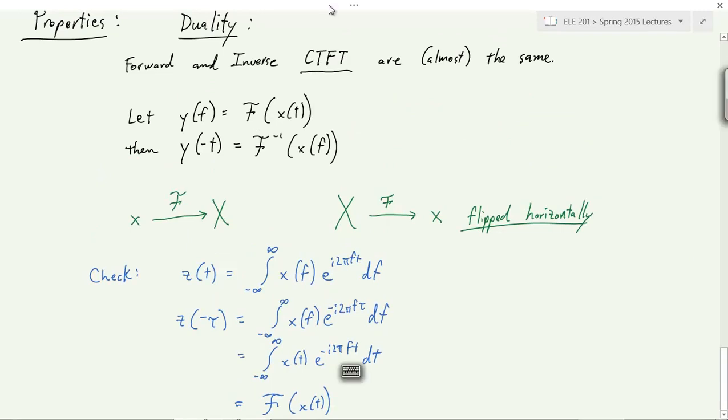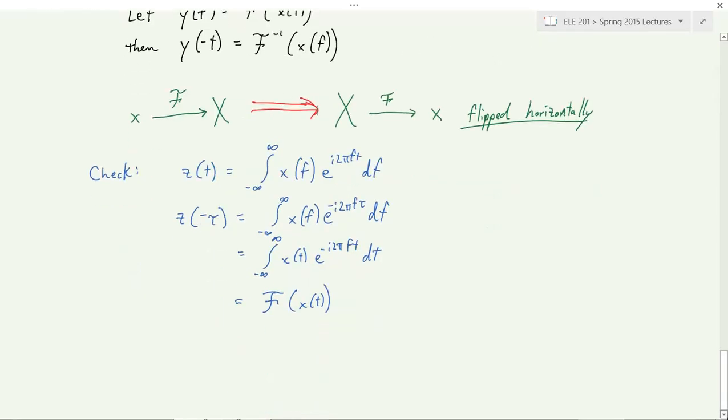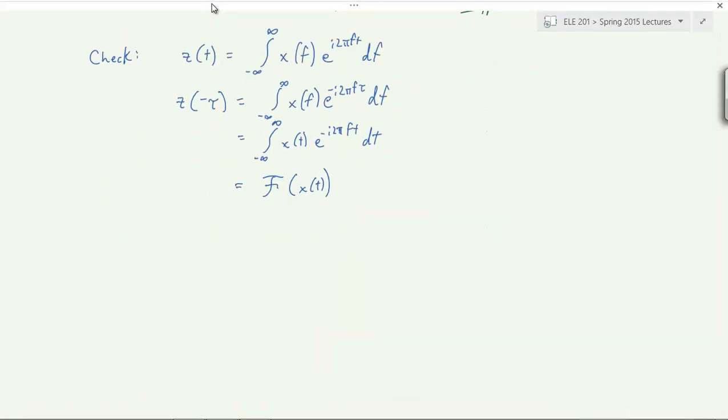I guess the only confusion here is thinking about what these equations mean, and I'll leave that to you to think through. What does this duality mean? All right. For one application, we can use it right now.